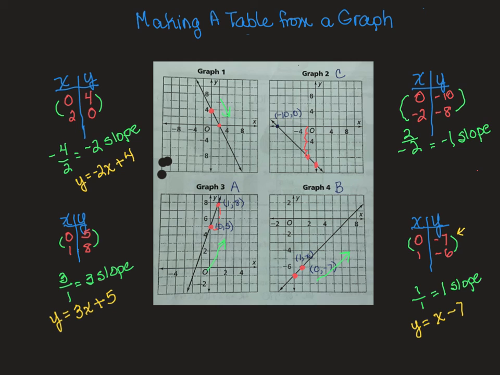So that slope is negative 1. And so I have a lot of negatives here. I know it's negative because you'll notice that this line is going down. So I have negative 1x, or negative x, and then my y-intercept is also negative, so it's negative 10.